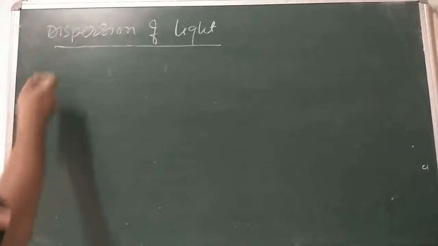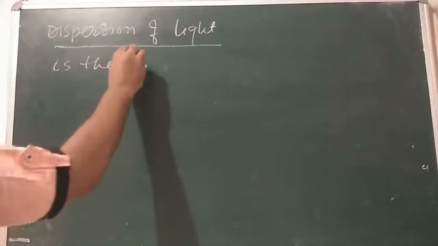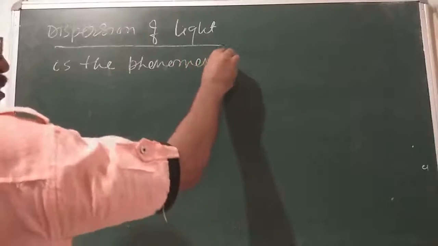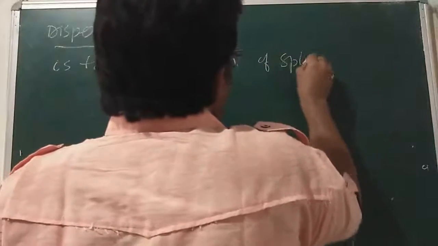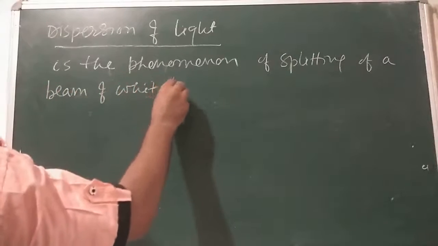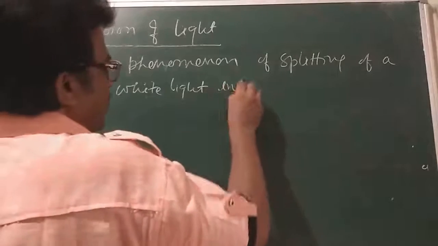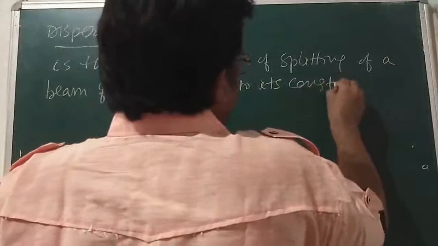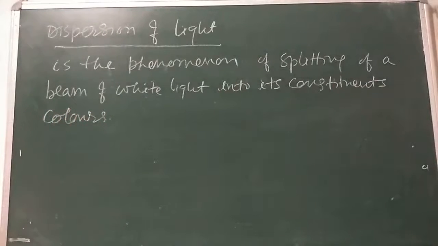So I can say dispersion of light is the phenomenon of splitting of a beam of white light into its constituent colors on passing through a prism.